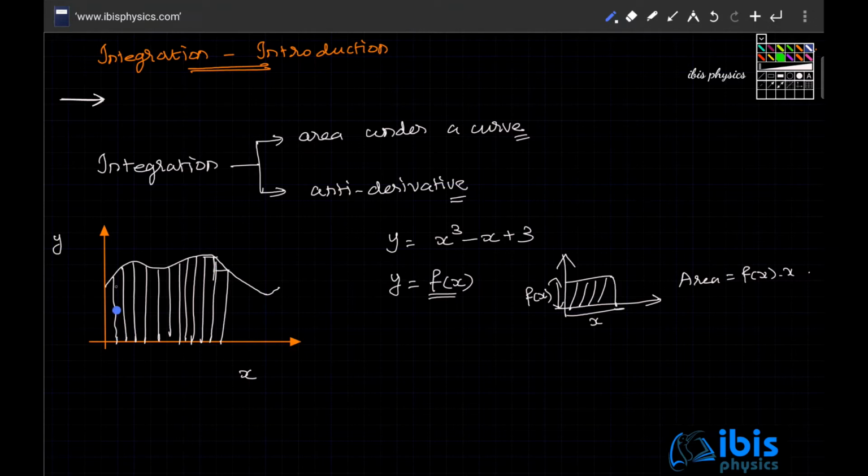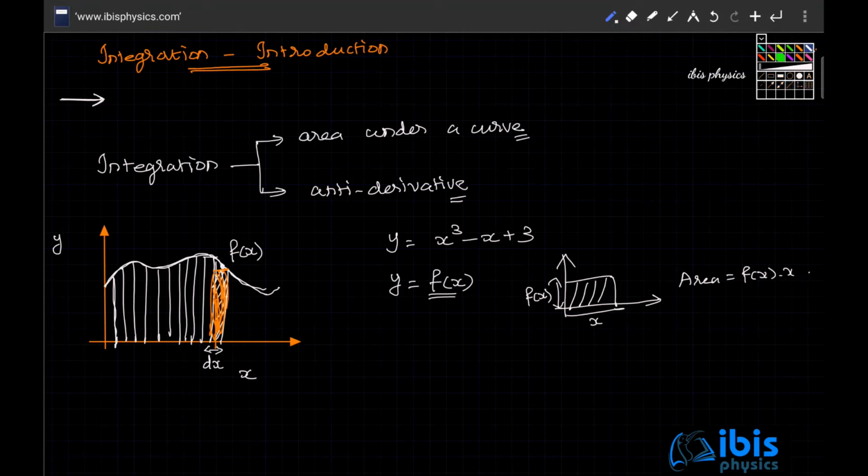But when you make these rectangles very small, suppose the small change in value of x is dx, and the equation of this function is f of x. If you want to find out this rectangular area, it is f of x dx.